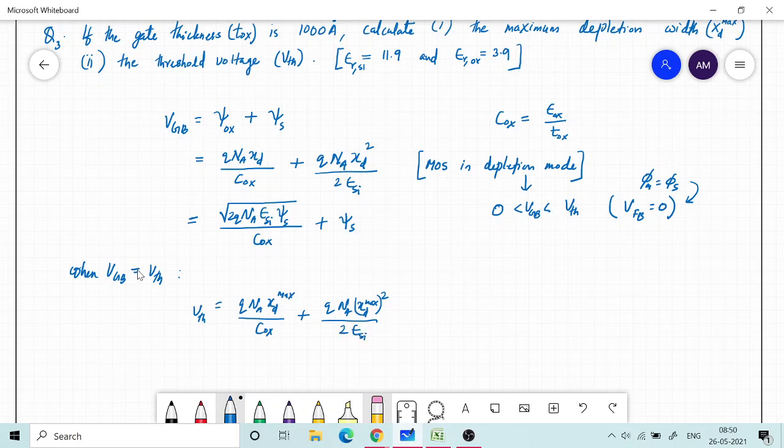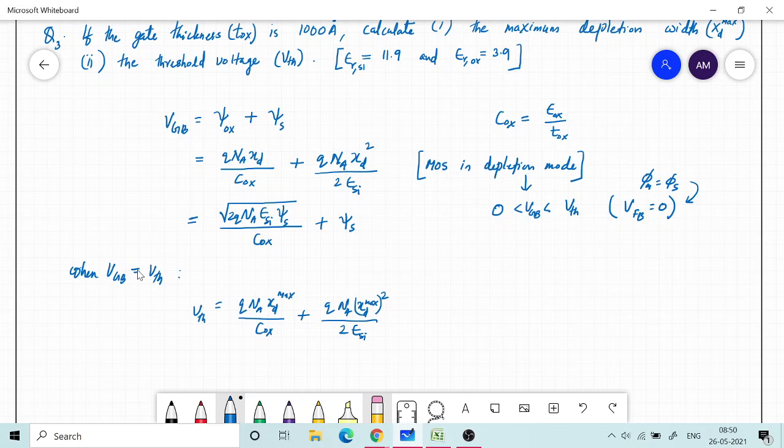So this equation is applicable over the entire range, but if you go to the extreme situation where the applied voltage VGB equals VTH, then the corresponding width is what we call the maximum depletion width. Now, why this equation is not valid for VGB greater than VTH is something that you should also understand. So I am going to tell you about that along with this problem.